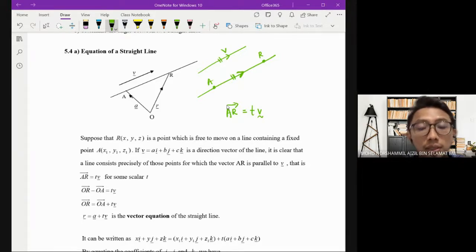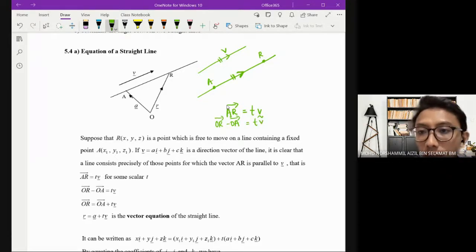AR ni adalah vector, V pun adalah vector. Boleh tak?